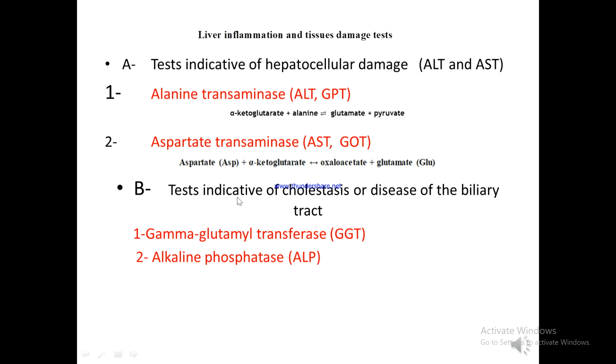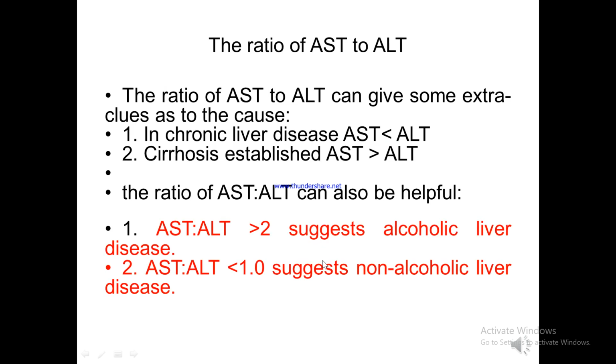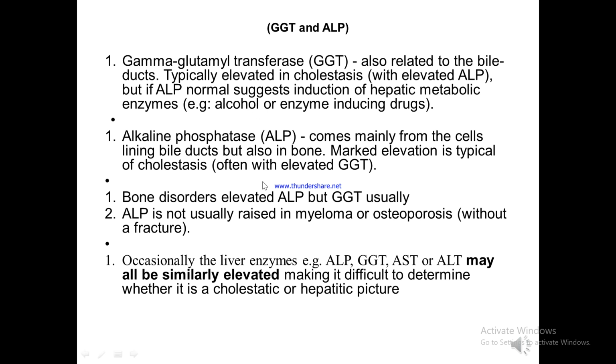The second part: liver enzyme tests indicative of cholestasis and disease of the biliary tract, gamma glutamyl transferase and alkaline phosphatase. Okay. Now this is a comparison between both enzymes. Gamma-glutamyl transferase is related to the bile duct.